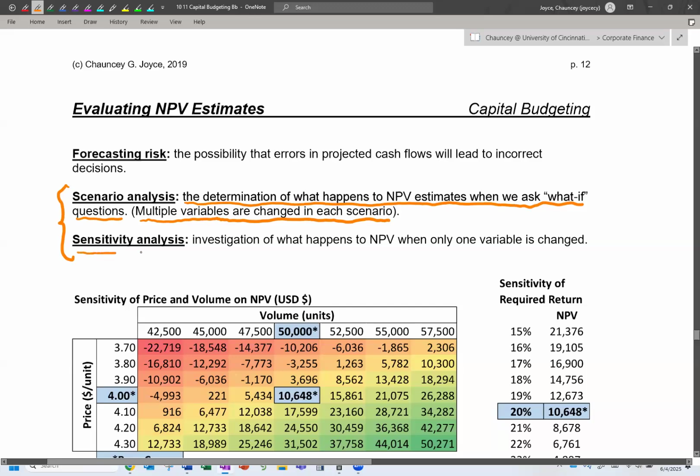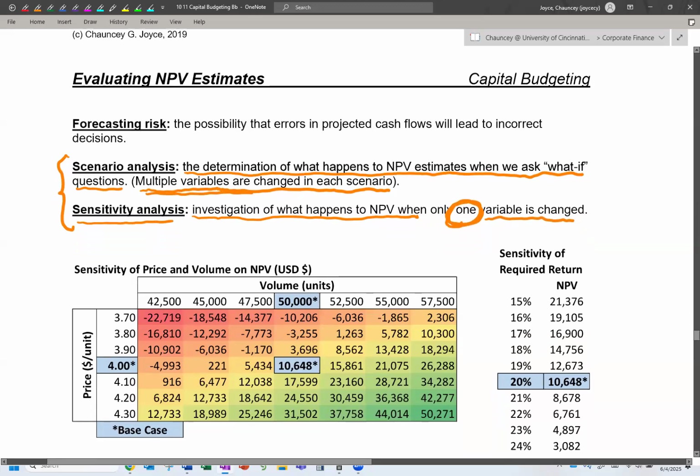Whereas in sensitivity analysis, it's the investigation of what happens to NPV still, but only one variable is changed at a time. So we just change price to see how sensitive net present value is to changes in price. So just be careful. Scenario changes multiple variables, and sensitivity only changes one variable at a time.